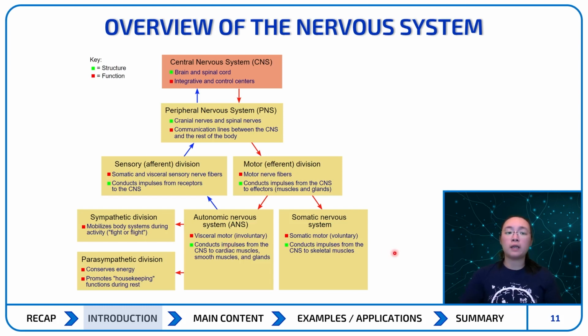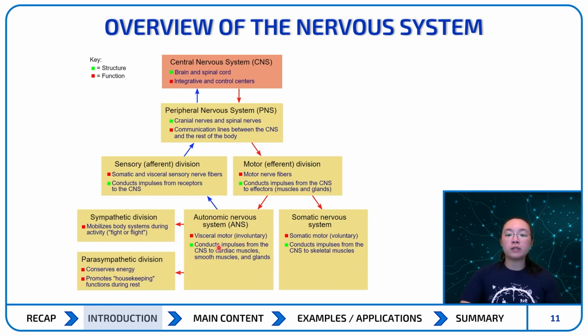So usually in most biology classes or human anatomy classes, when you talk about the peripheral nervous system, it's usually just broken down into the autonomic or somatic nervous systems, because even though it can be broken down into two different divisions, it's commonly known as two separate systems. So the autonomic nervous system is what I'll start with first, because we want to focus on the somatic nervous system for the rest of the lecture.